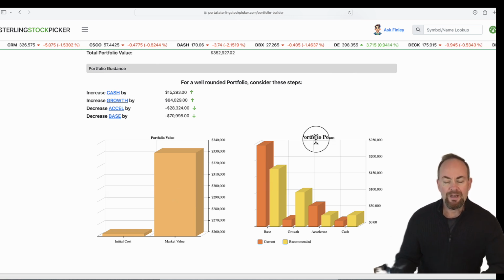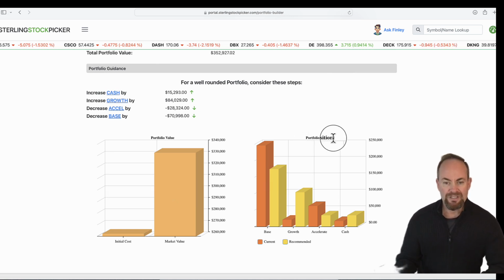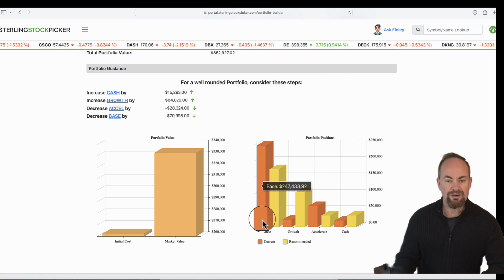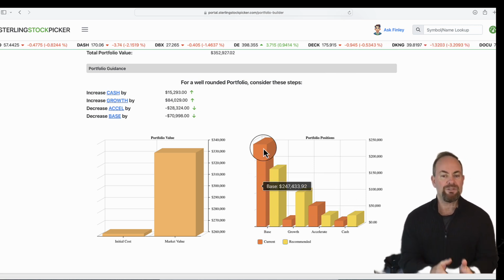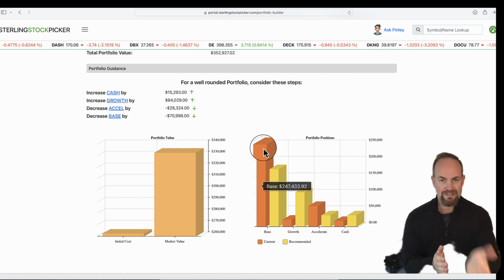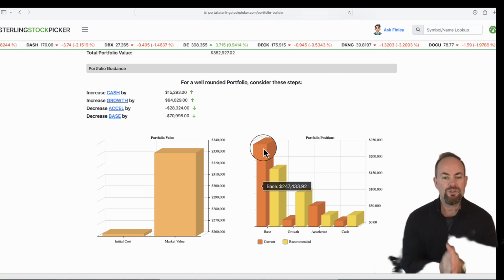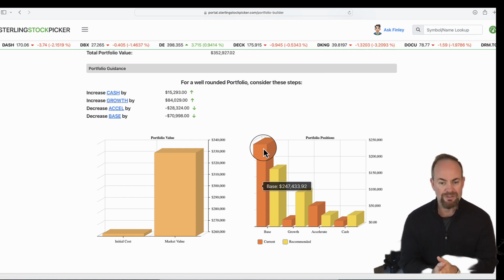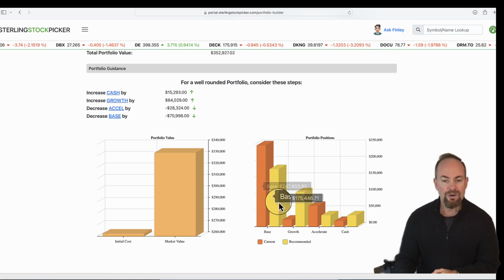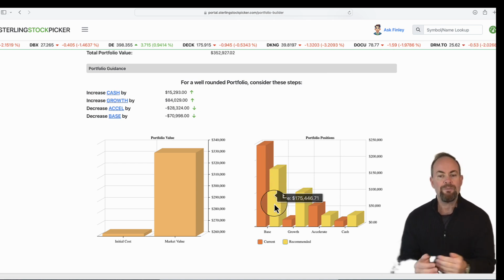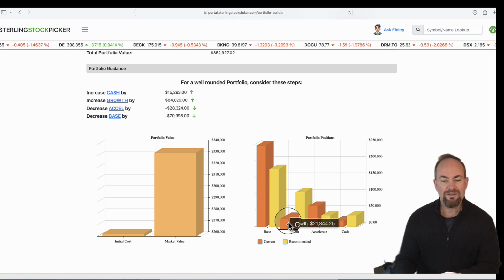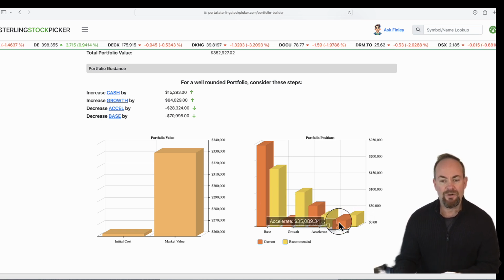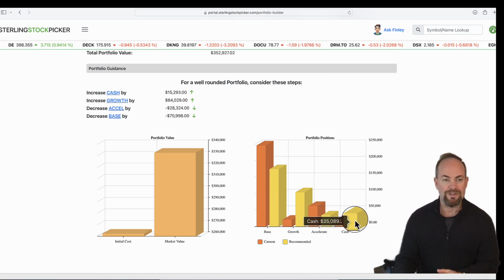We then go over to the portfolio positions, and you can see that currently in the base, the orange category, this demo user has approximately $247,000 in the base. Our recommendation is the yellow, bring that down to $175,000 and so on and so forth with the other categories.